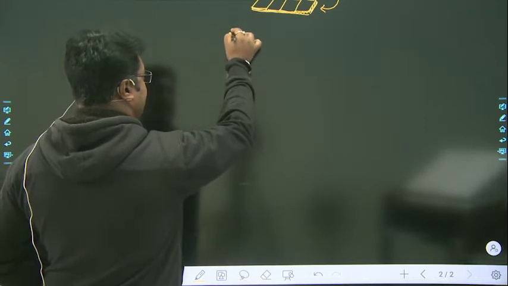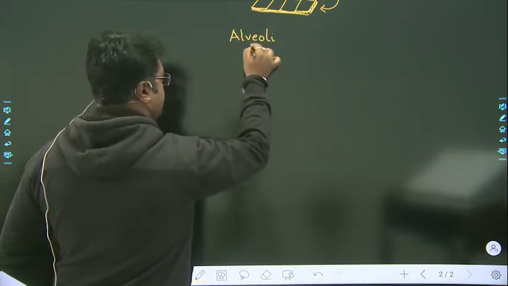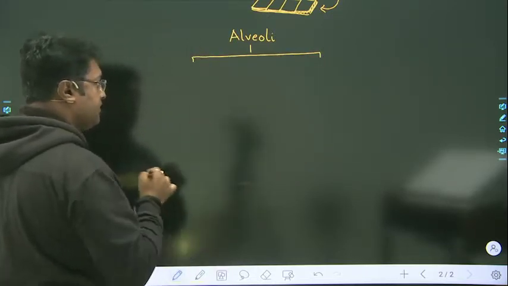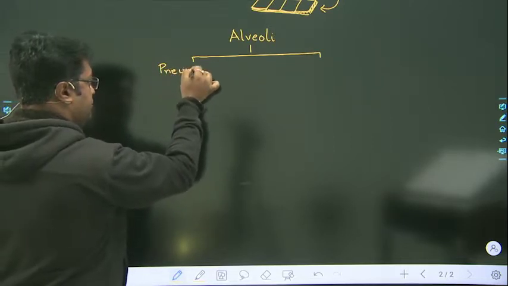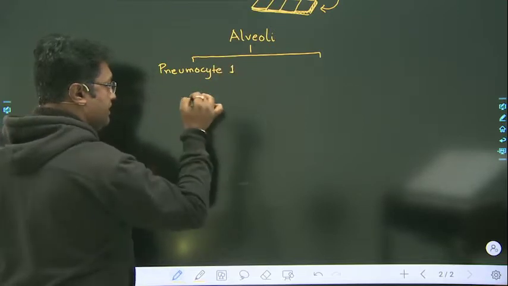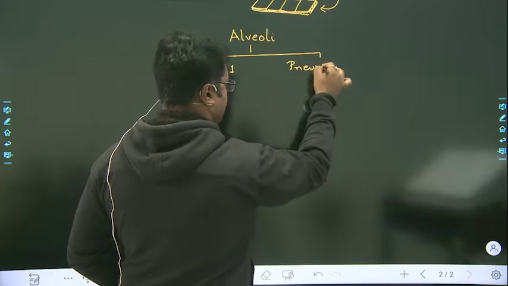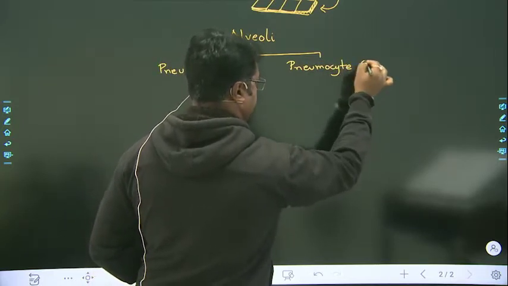Next, what are the different kinds of cells present inside the alveoli? In the alveoli, generally two types of cells are present. One we can see as pneumocyte 1 and the other is pneumocyte 2.